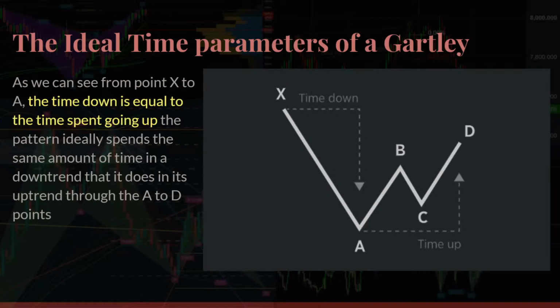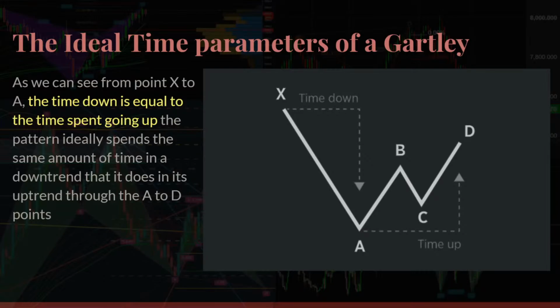Now, this is the interesting part of a Gartley as well. We can see that there are 2 different time factors in this. The X to A move is equal in time to the A to D move. So the time that it's spent going down should be equal to the time that it's spent going up. As we can see, from point X to A the time down is equal to the time spent going up.